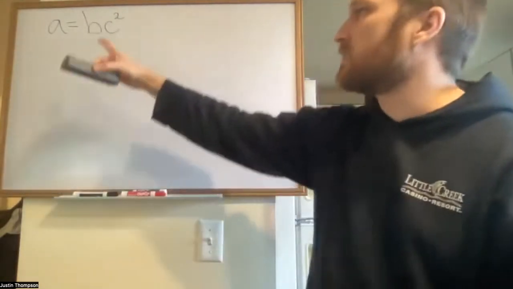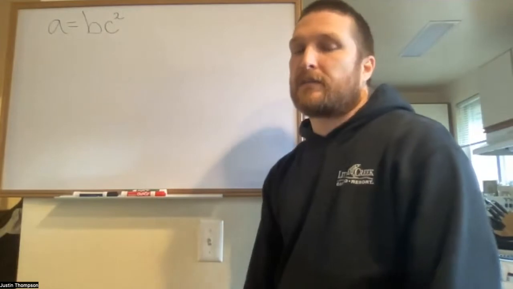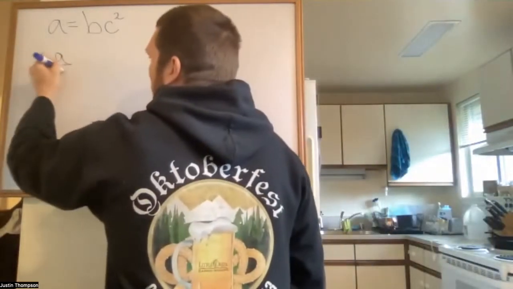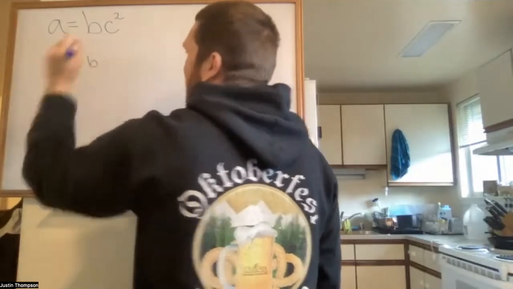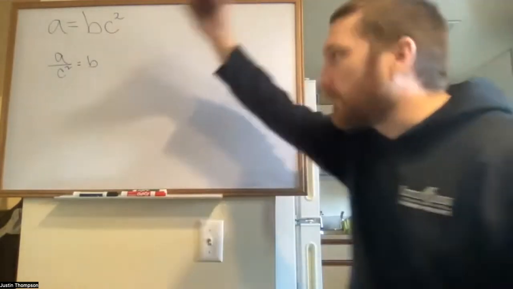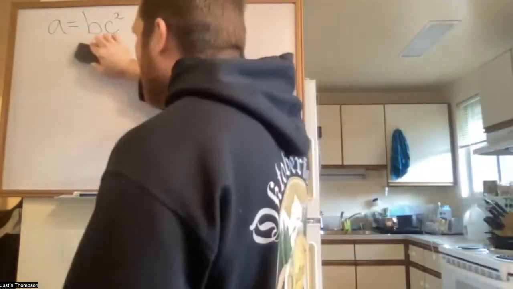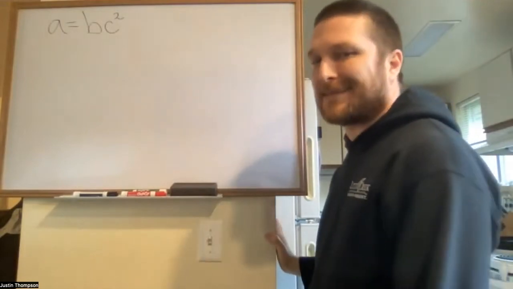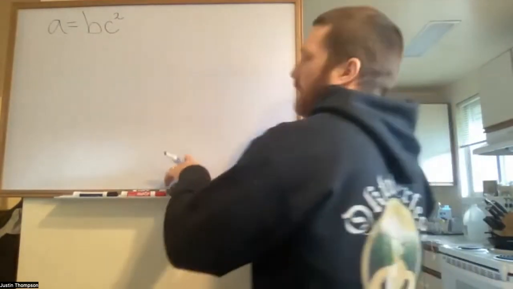Like if I said, for instance, solve for b, you would have said, well, I need to get b by itself. b gets multiplied by c squared, and so I get it by itself by dividing by that, right? It's still the same game, basically. How do I get this letter by itself?